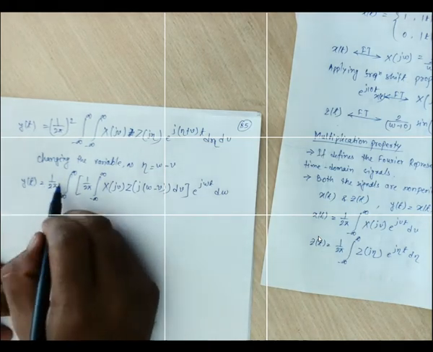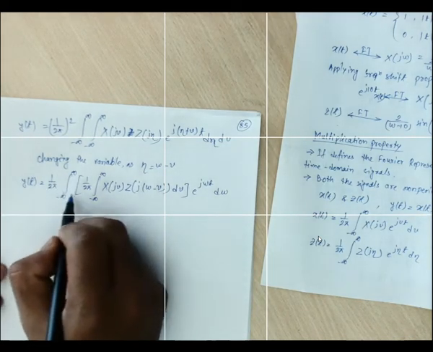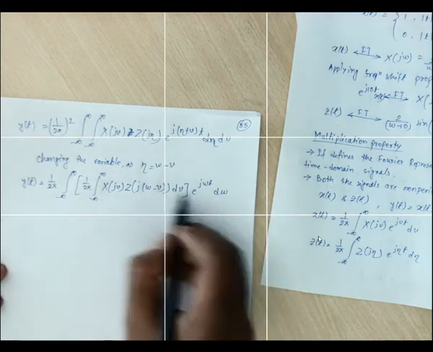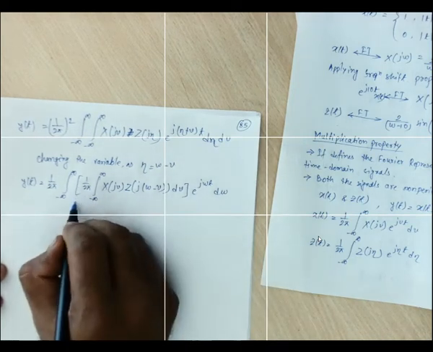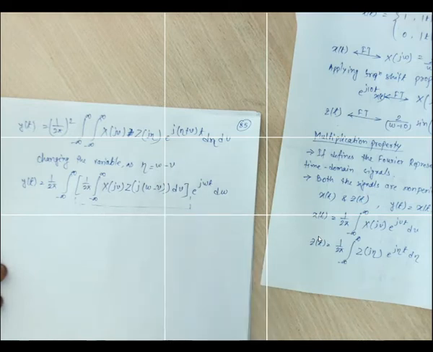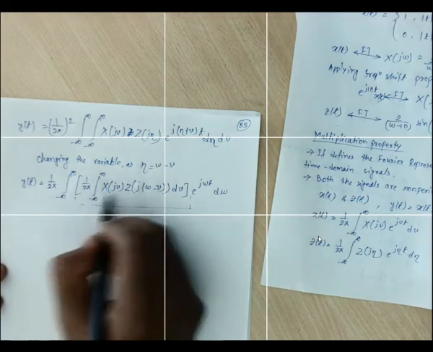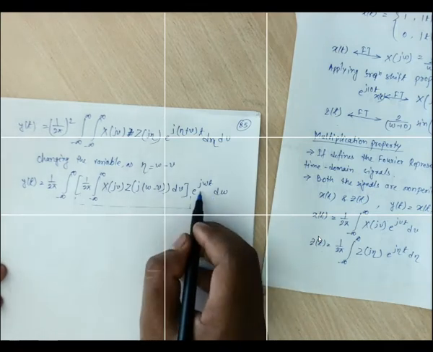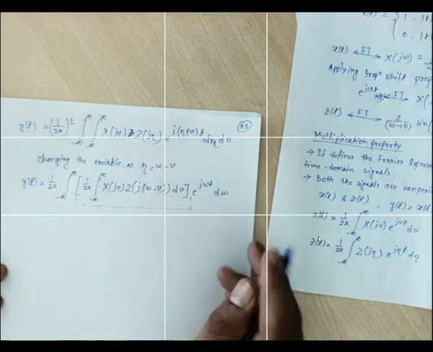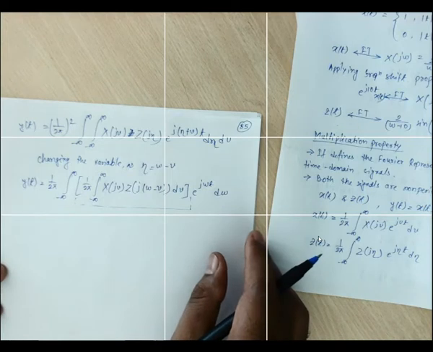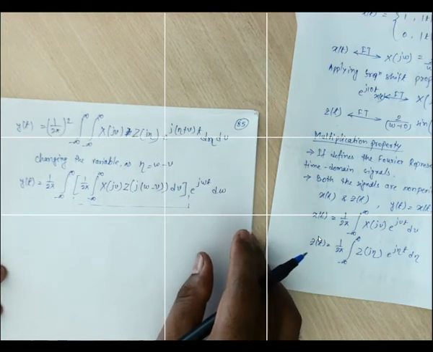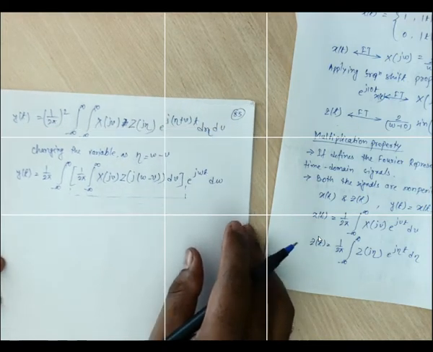Up to this is the convolution. If you take 1 by 2 pi integration of the convolution into d omega, e to the power j omega t d omega, this is the Fourier representation of y of t. So that is Y of j omega, right?